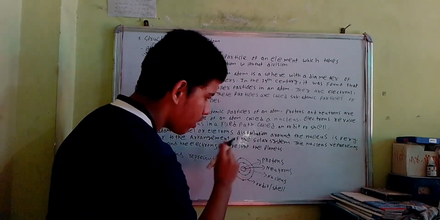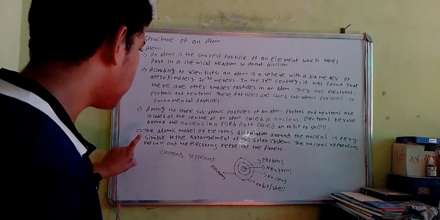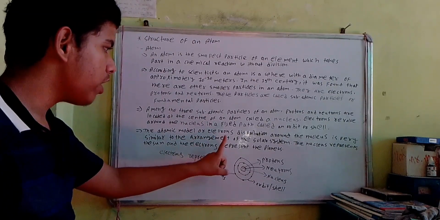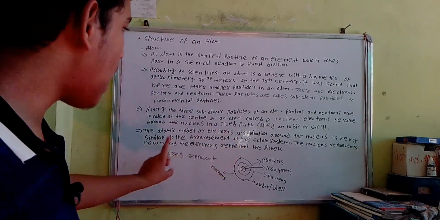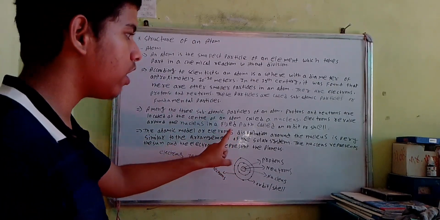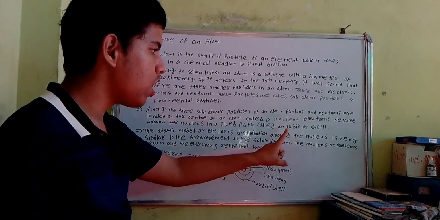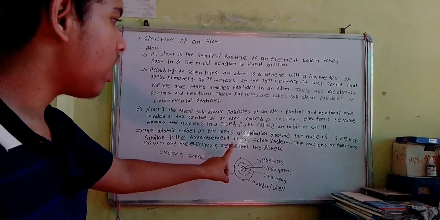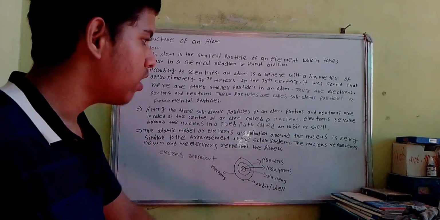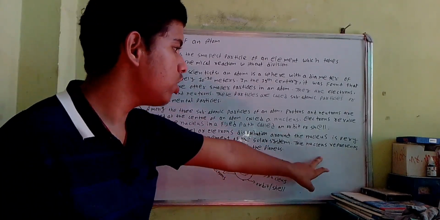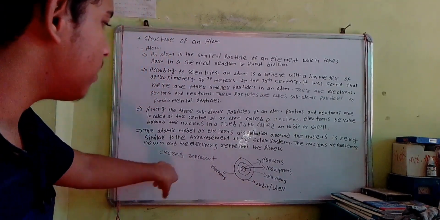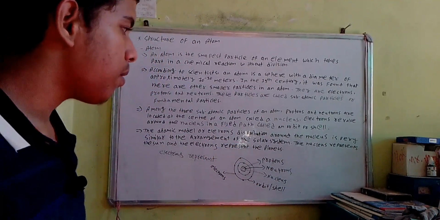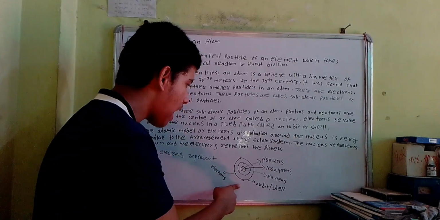And the atomic model, or the electron distribution around the nucleus, is very similar to the arrangement of the solar system. The nucleus represents the sun, and the electrons represent the planets. So this atomic model is very similar to our solar system.